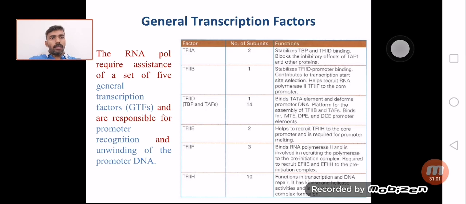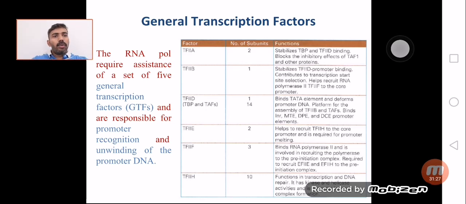They are collectively called the general transcription factors. You can see them as TF2A, TF2B, TF2D, E, F and H as the important elements, of which TF2A is of least importance. All the others are required for a successful mechanism in vitro.